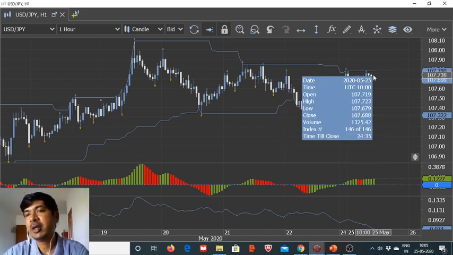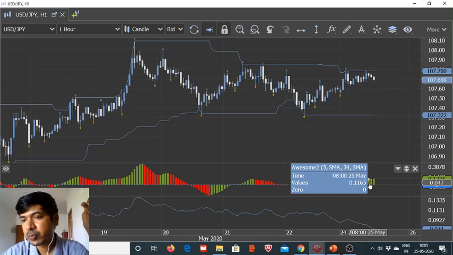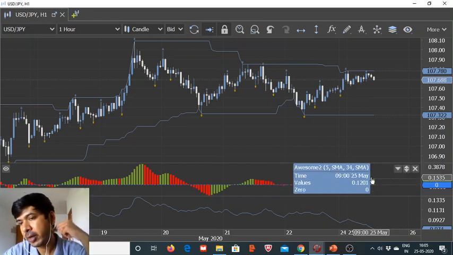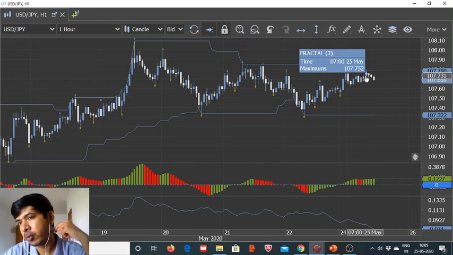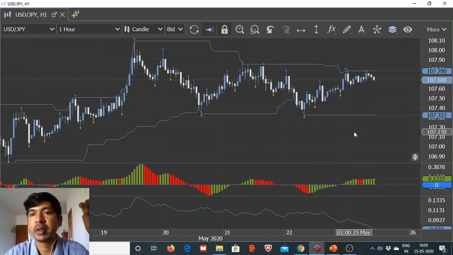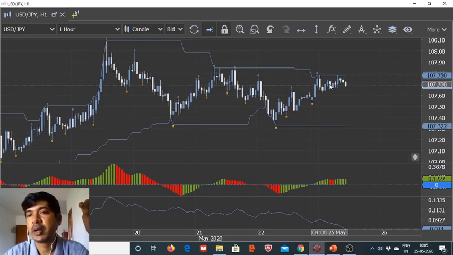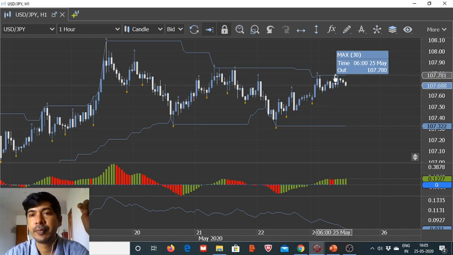But as you can see here, the positive values are still rising, so we will not be looking for a sell trade. Only when the negative value starts to fall, we will be getting involved for a new trade, and because of that we can't really go for a sell trade here.